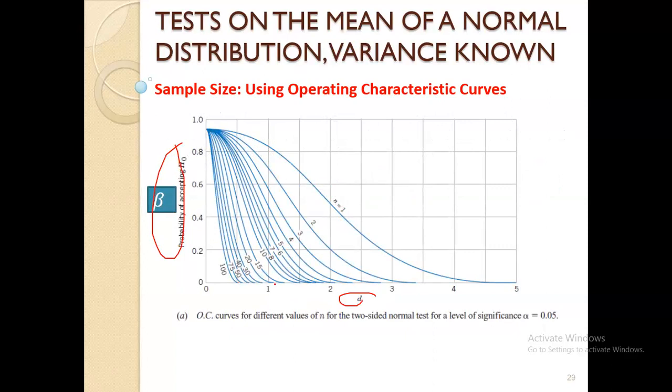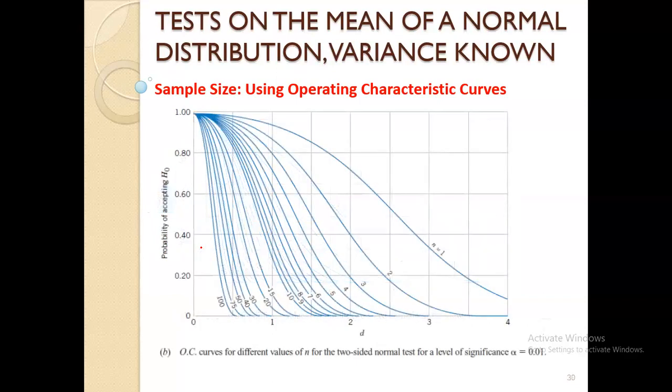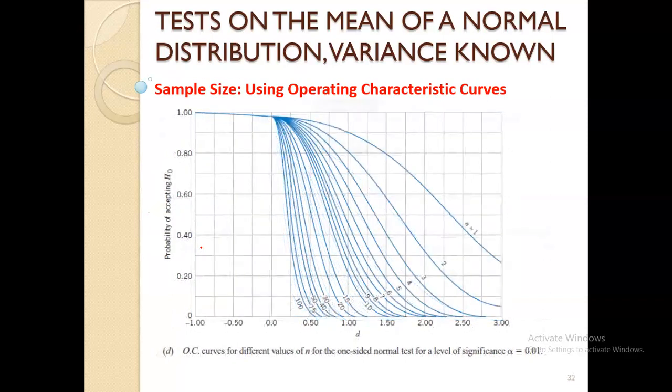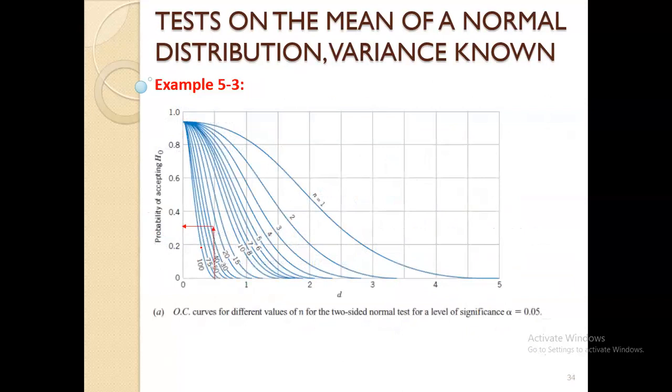If you know d equal to 1 and beta equal to 0.2, you get n between 7 and 8, for example approximately 8. You can use this curve also. This is the curve for alpha 0.01, and similarly for any alpha.